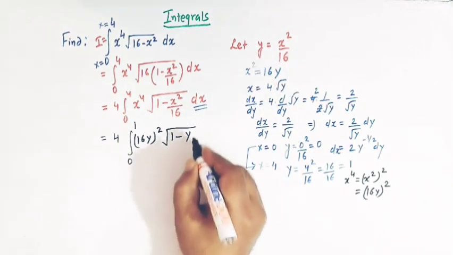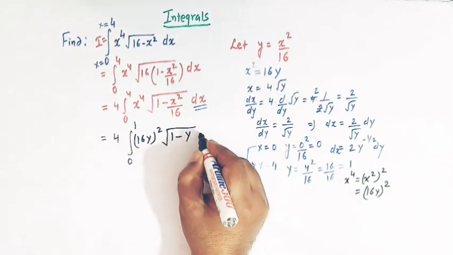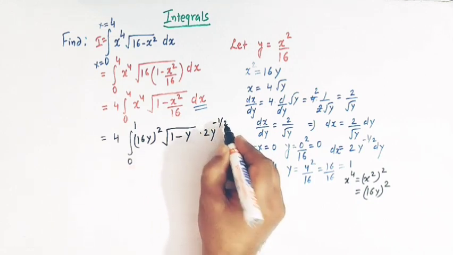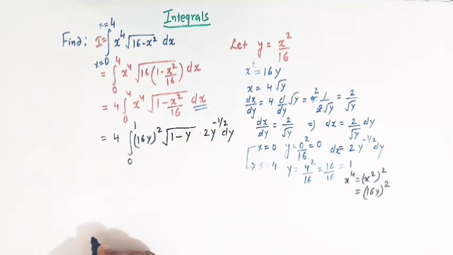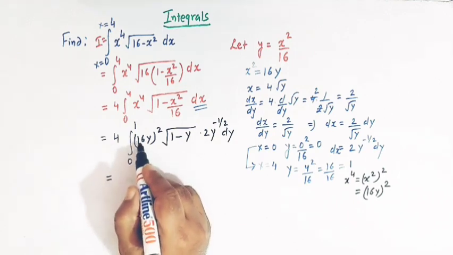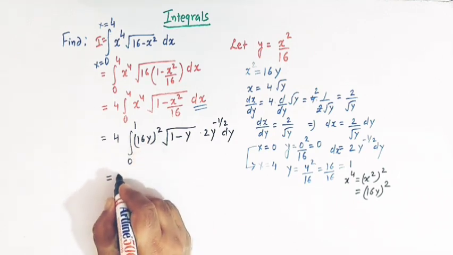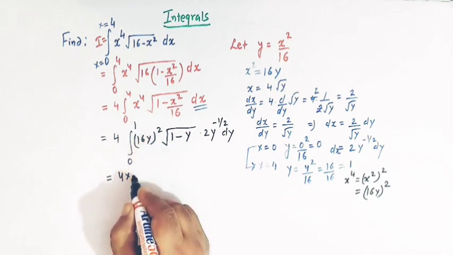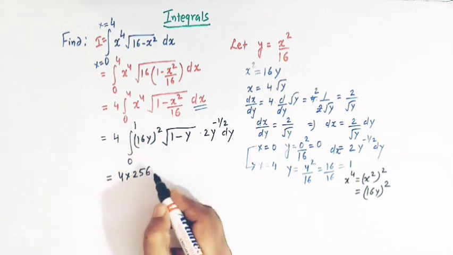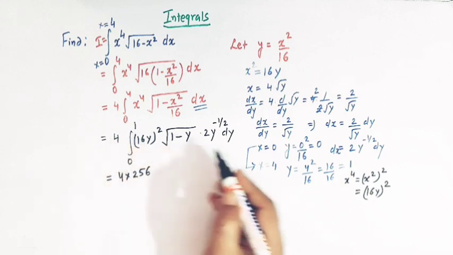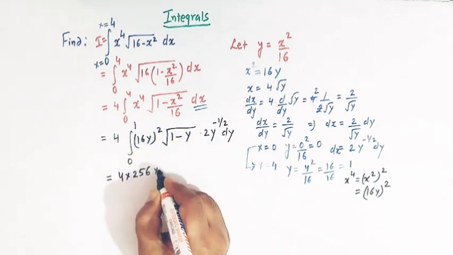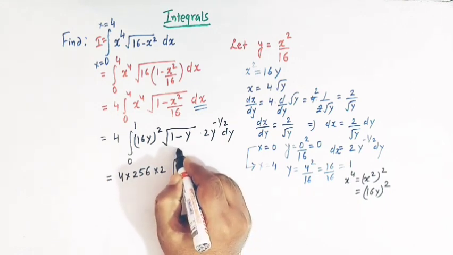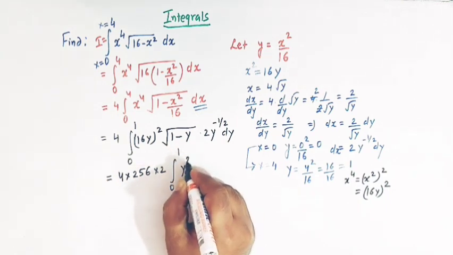So here we have 1 minus y. For dx we can write 2 times y raised to minus half dy, right? Okay, now see, here we have 16 square. So 16 square is 256. So we can write 256 outside the integral sign, and we can also take this 2 outside the integral, and now we have 0 to 1, and here we have y square.